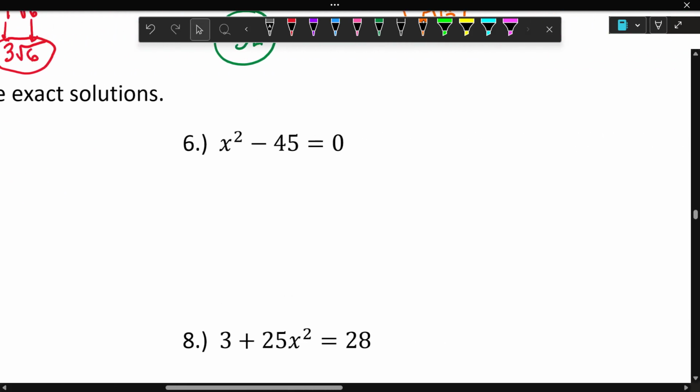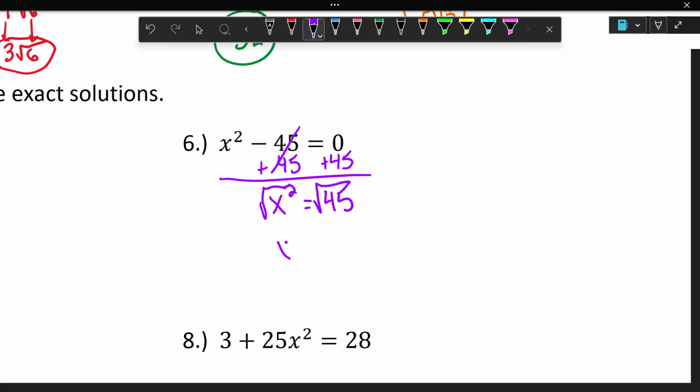So moving on to number 6. Well, to do this one first, so it looks like the last one, we got to add 45 to both sides. We get x squared equals 45. Now we square root it, and x equals plus or minus square root of 45.